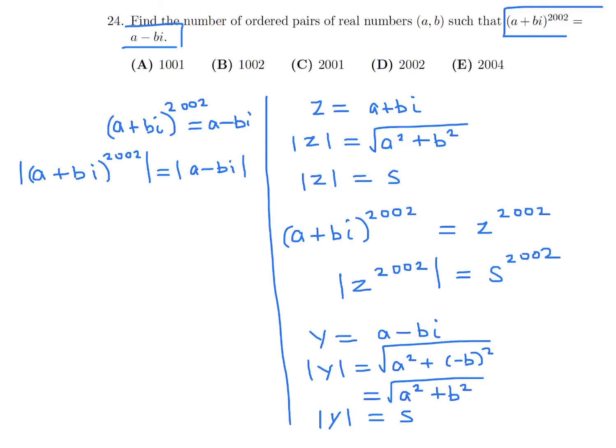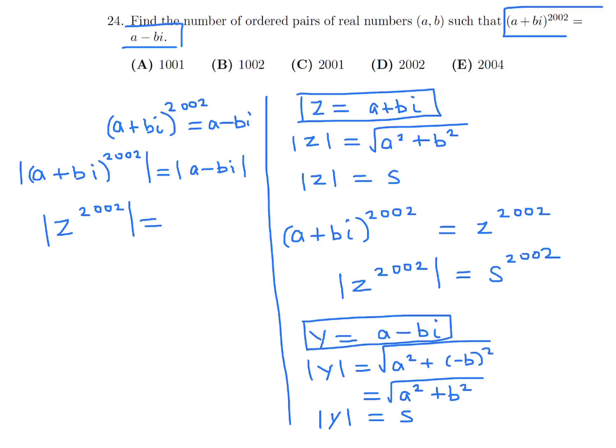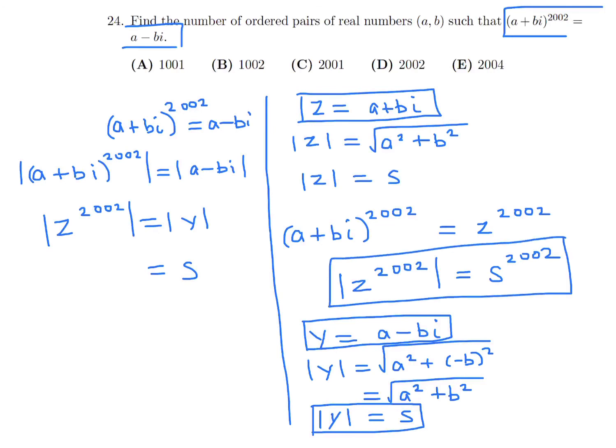So what are we doing here? A + bi we called z, so that becomes the absolute value of z to the power of 2002. And then a - bi we called y, so this becomes the absolute value of y. The absolute value of y we called s, and the absolute value of z to the 2002 is s to the 2002.